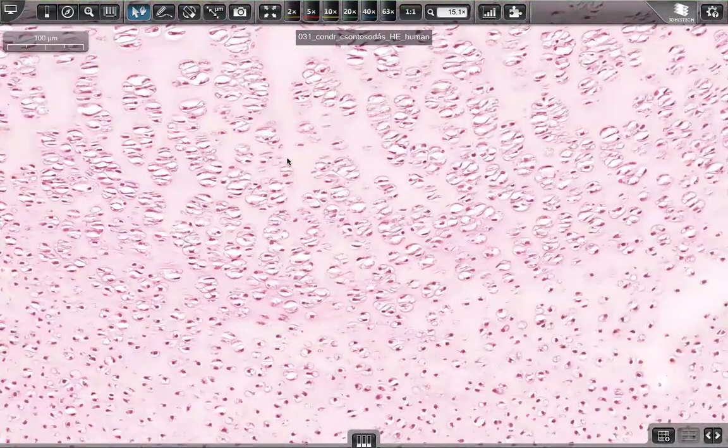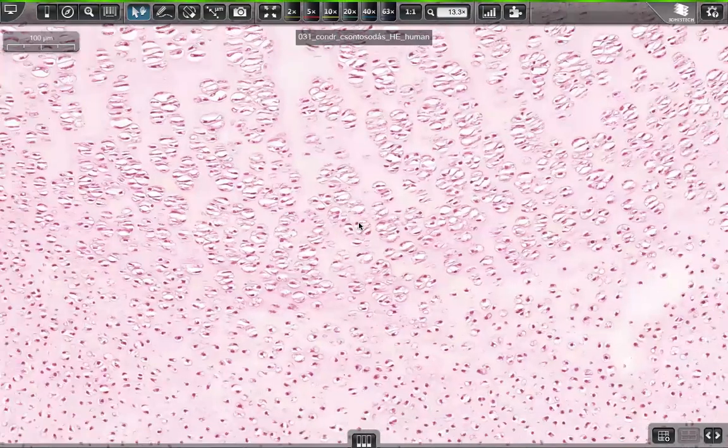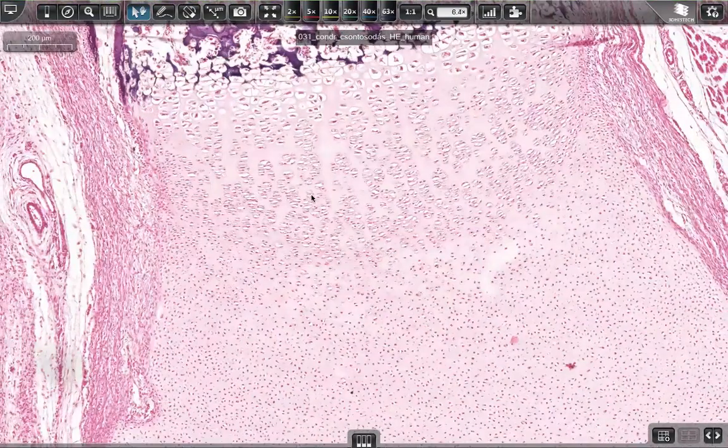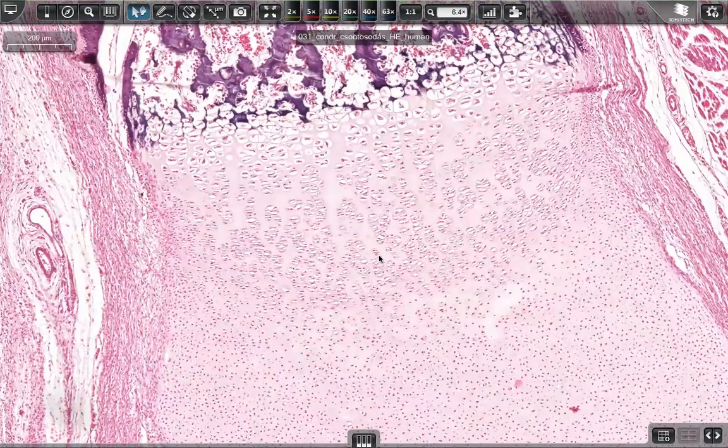That's the second phase, just closer to the bony collar, because the chondrons feel less nutrients and less gases, the oxygen. So that's the proliferative phase.